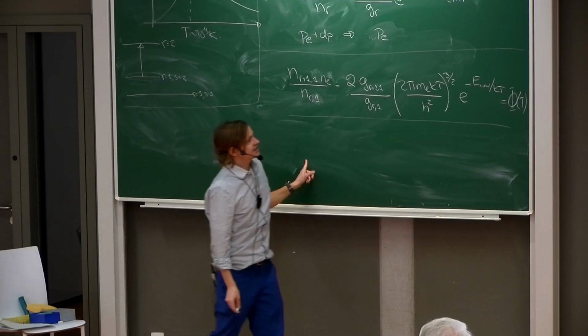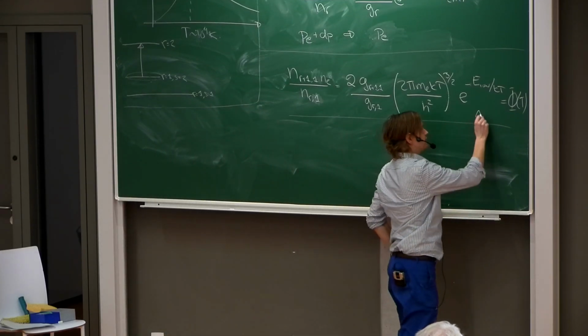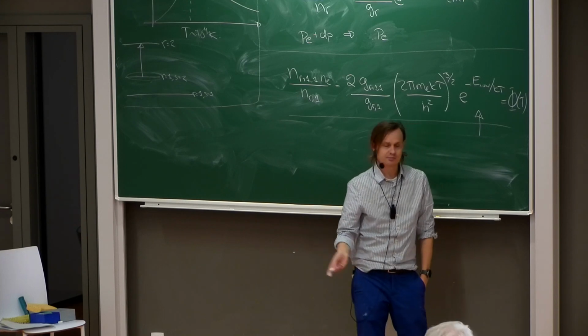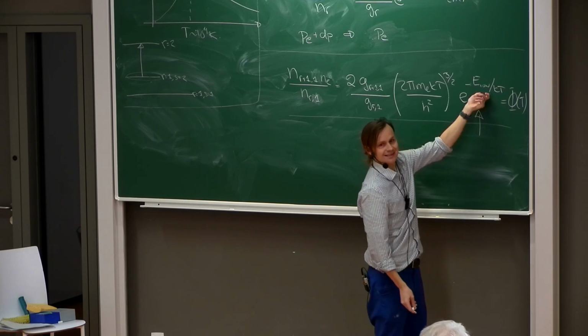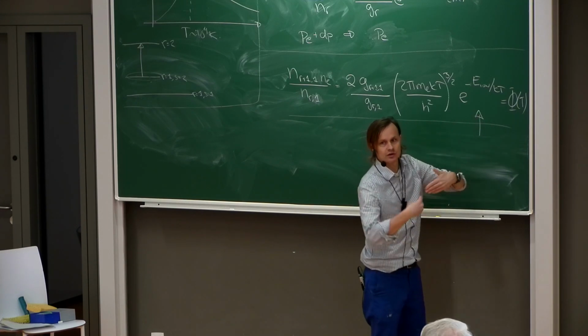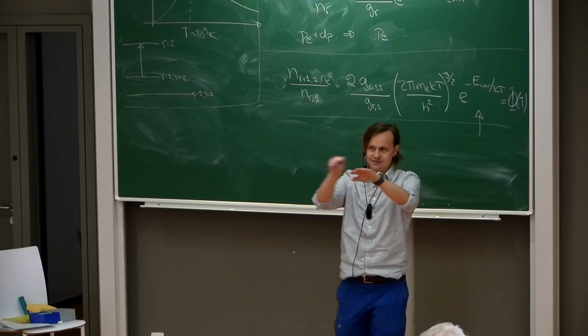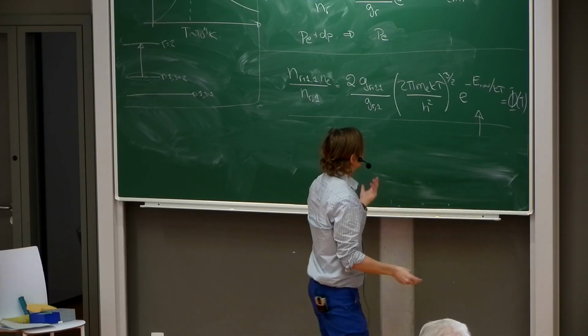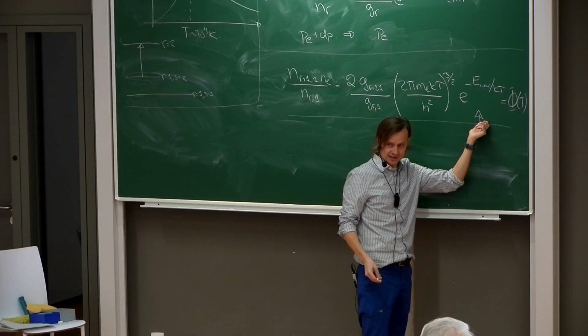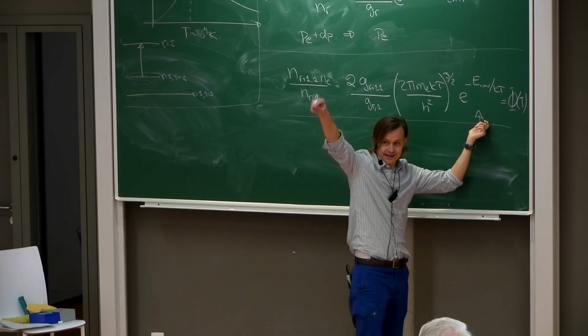Now, you see that you still have the exponential factor here, which is a reflection of the Boltzmann distribution. And that is, of course, what makes it so difficult to excite, and this term would also make it very difficult to ionize, right? We would have to go to very, very high temperature.